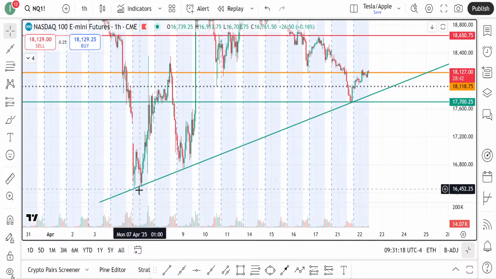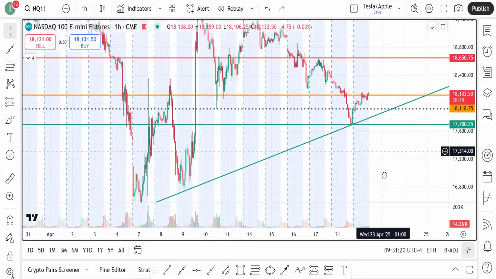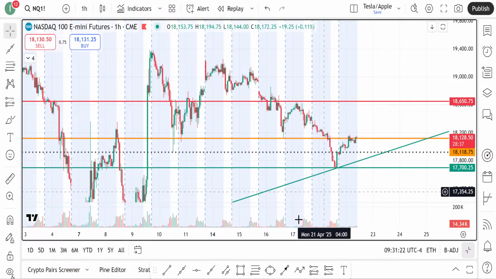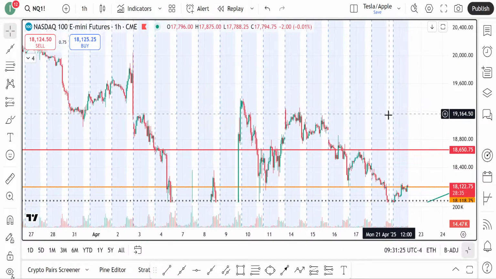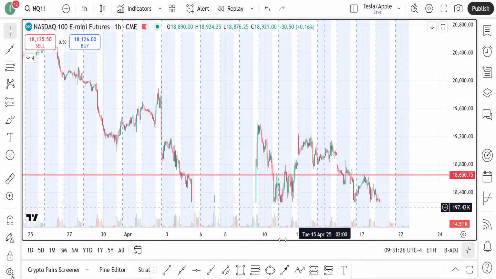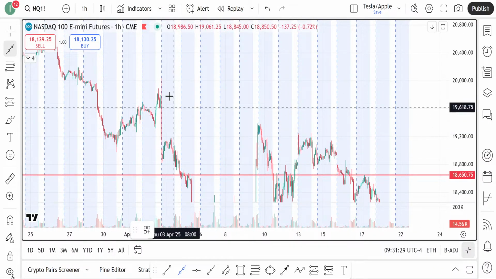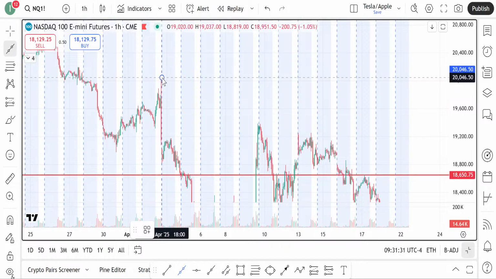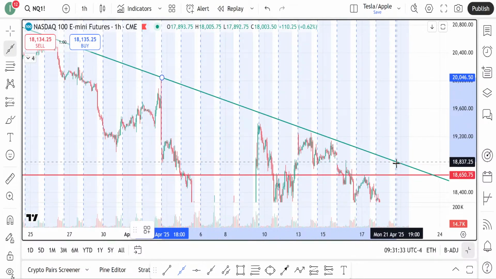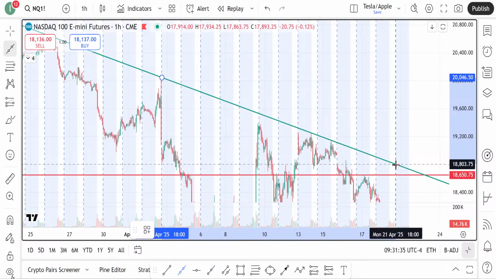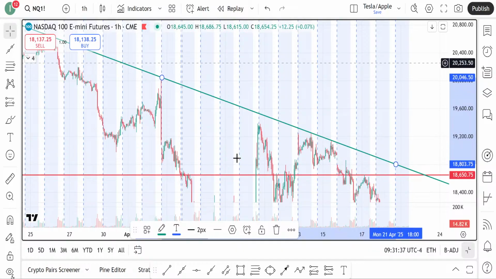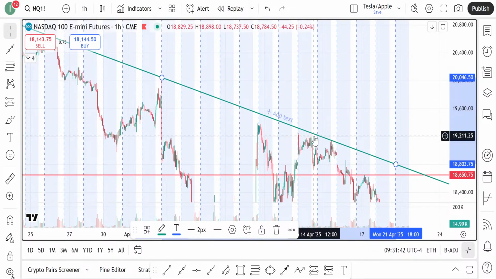So usually when you got 3 or more, it's a valid trend line. So that's what I'm doing there, getting the most touches. And this here is a resistance. It's gonna be red.